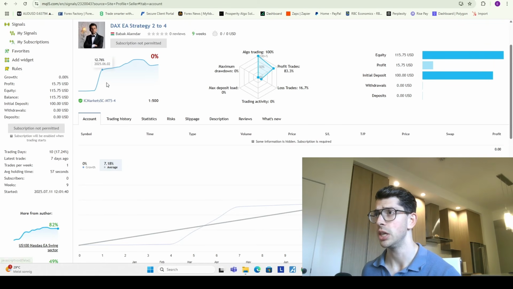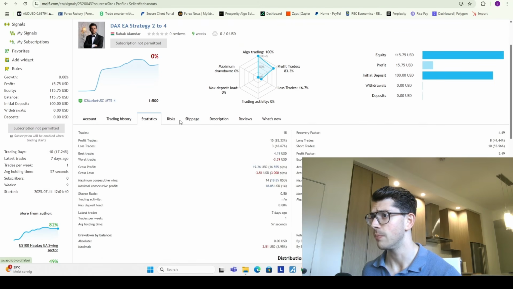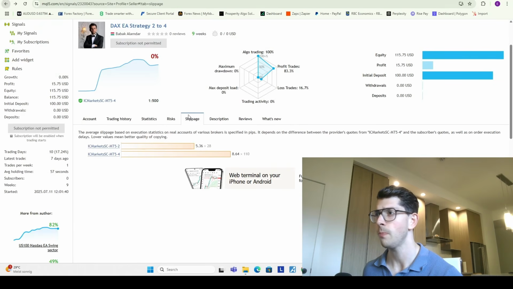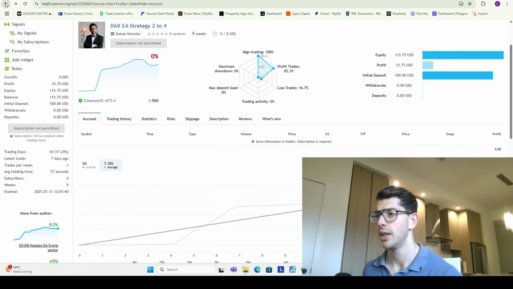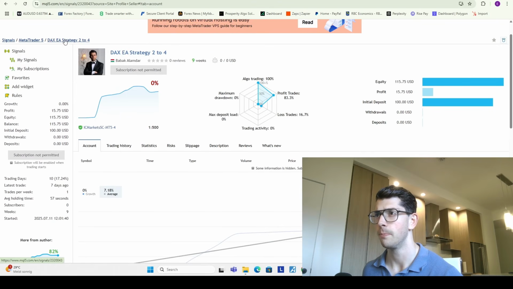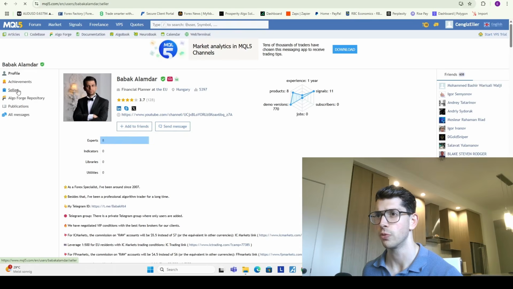So you have to give credit where credit is due. And if we look at the statistics, this one is not the longest signal, but is having a very high win rate and actually a positive risk reward. So let me see if I can find a longer signal here as well, just because that's a bit too short for us to get enough information from.